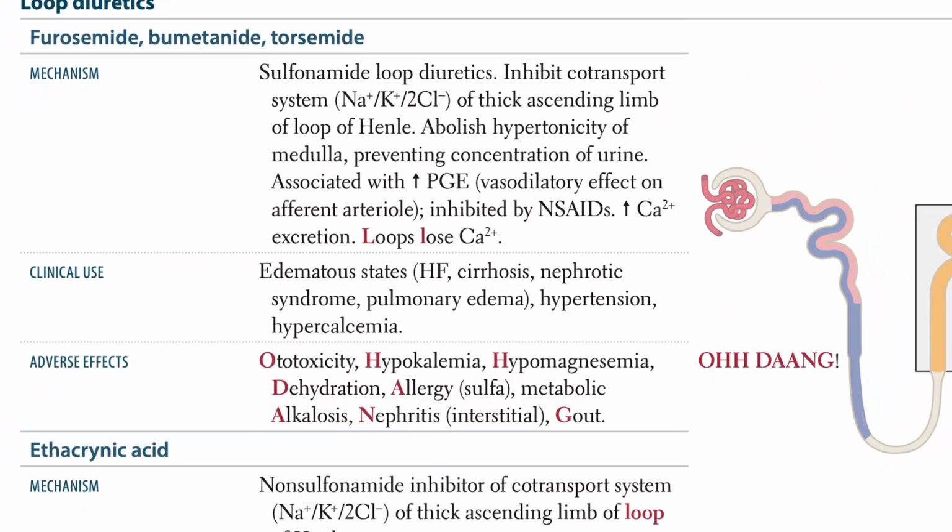Let's go back and read. Clinical uses: we can give it in an edematous state, for example heart failure, cirrhosis, nephrotic syndrome, pulmonary edema, hypertension, and hypercalcemia because it's going to lose that calcium.